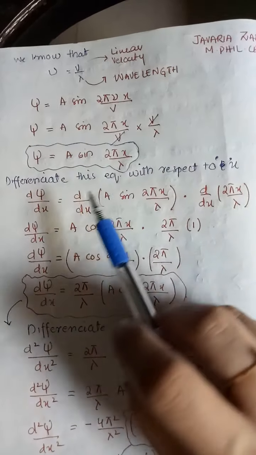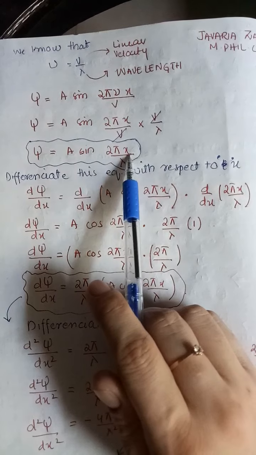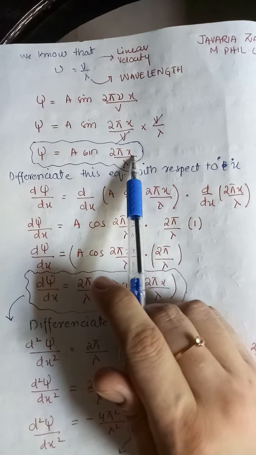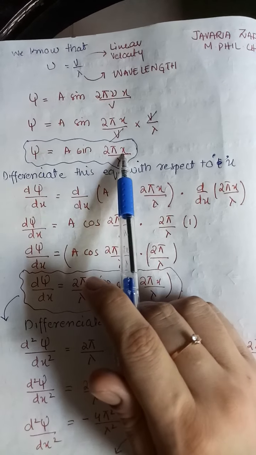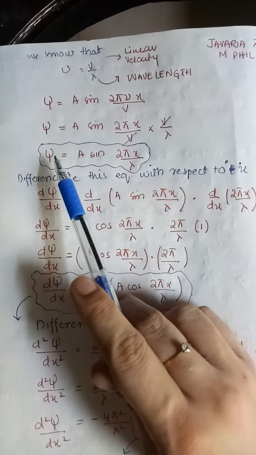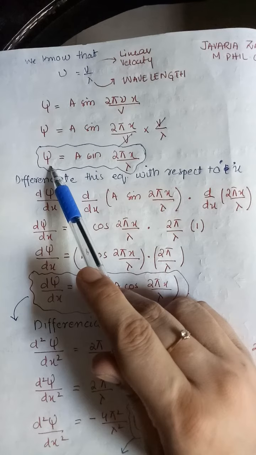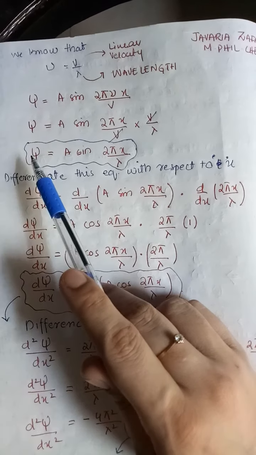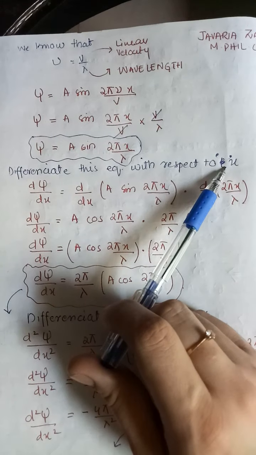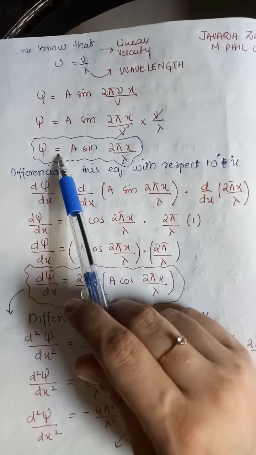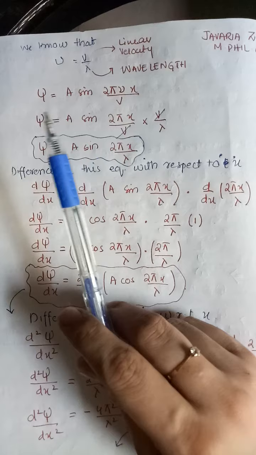To see that the two variables, x, which is the displacement or you can say the wavelength, changes, then the value of psi also changes. So we differentiate this equation with respect to x to see how psi changes as x changes.